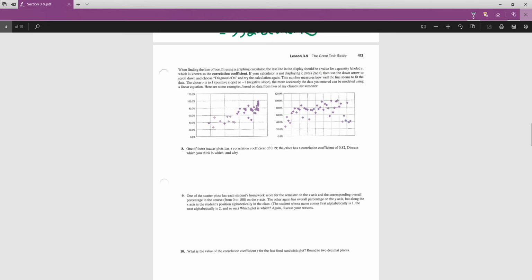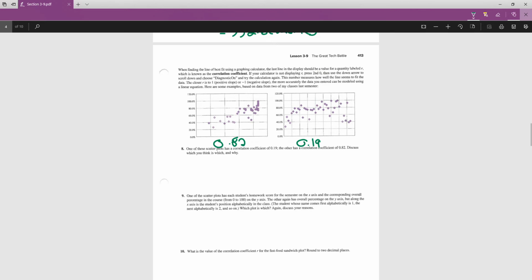First graph, do you think that is the 0.19 or the 0.82? I would guess it's the 0.82 because those data points are very close together, which would leave this other one as 0.19. The data is not as consistently in a straight line. Might be some other type of regression, but probably not a linear regression.